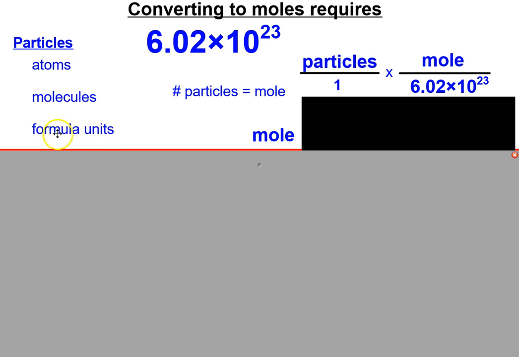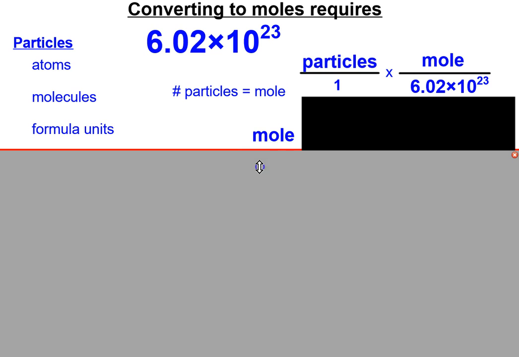It's just a whole bunch of formula units held together by very strong forces because we have very polar bonds going on, like in sodium chloride, normal table salt. Okay, so here we are. This is the first ball game.